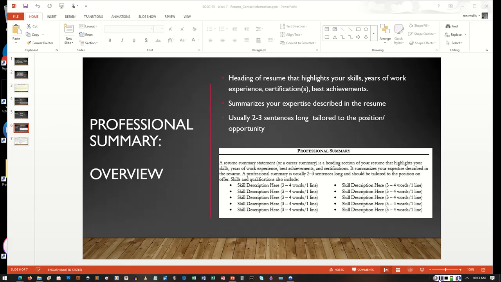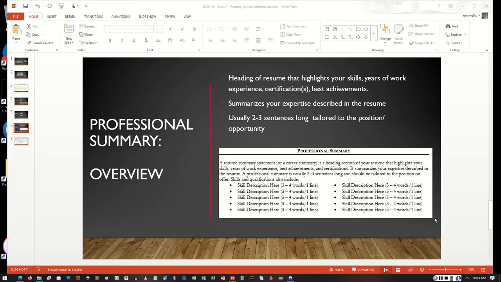And it's generally 2 to 3 sentences long. You don't want it to get past 4 or 5 sentences because then it becomes too long. But it's tailored around a specific position or an opportunity that you're trying to obtain.